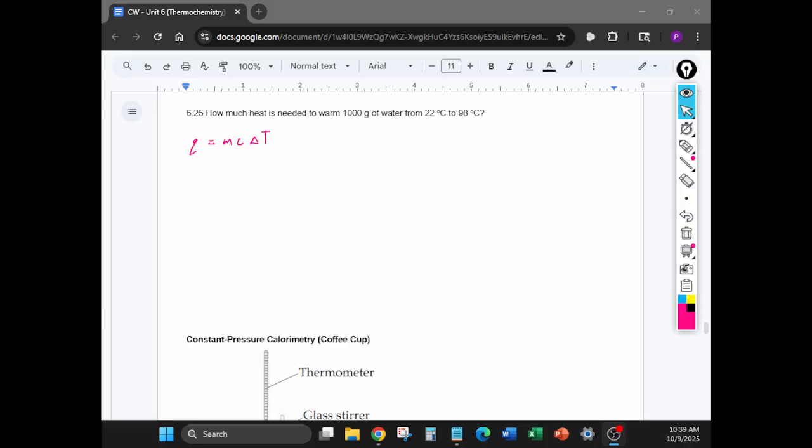And then just make sure you include the units of measurement for your final answer. If you're looking for a C, just look at the problem we just did.